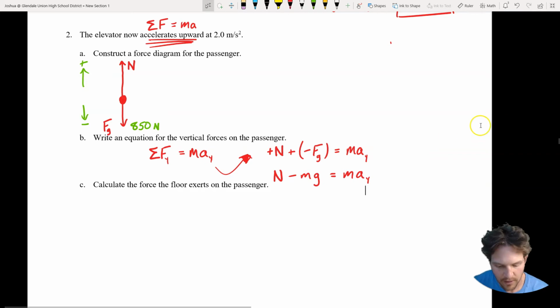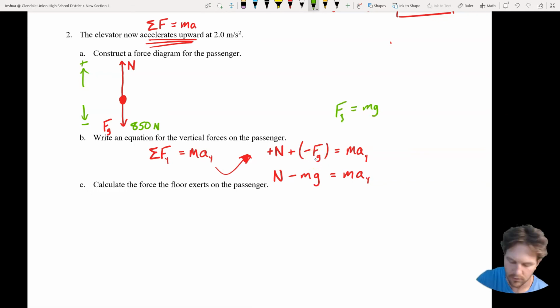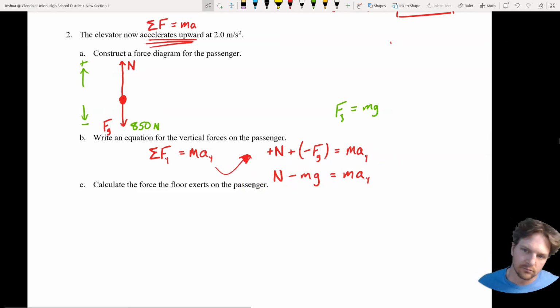Okay, so there is my equation for the vertical forces. All I did was substitute that little piece in. Okay, is it wrong if you don't substitute? No. All right, having done this a bajillion times, I know we're probably going to need to plug stuff in later. Now, calculate the force the floor exerts on the passenger.